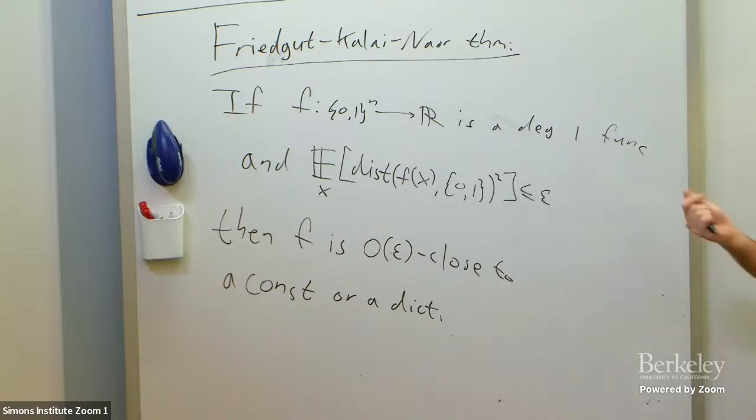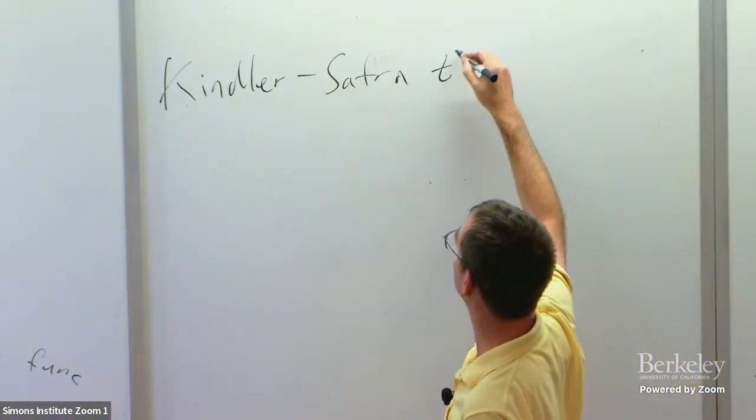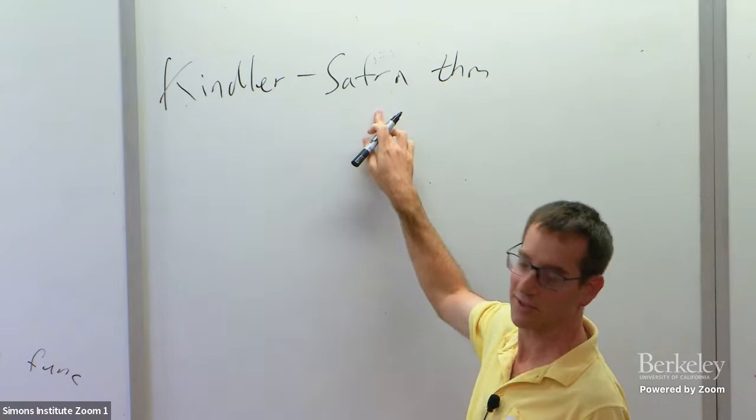Okay, so the degree D generalization. This is the Kindler-Safra theorem. Okay, so this is Guy and this is Muli Safra.